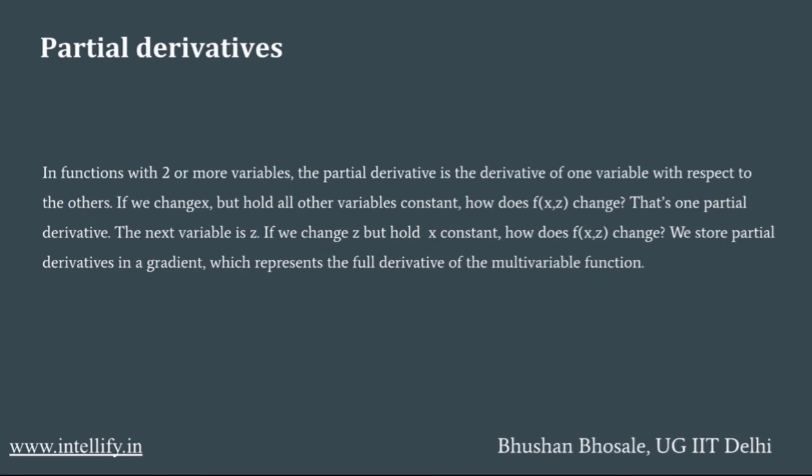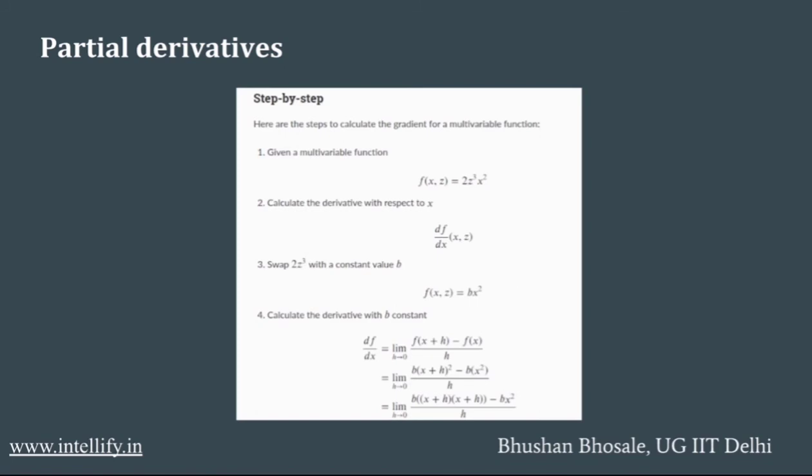For example, f of x comma y comma z comma w, and we just take the derivative with respect to x holding all the other variables constant. So what it would represent is delta f of x comma y comma z comma w upon delta x. Okay. And this delta is the gradient of the function.